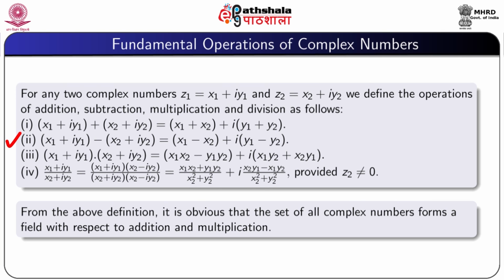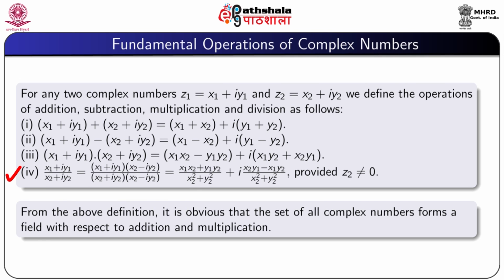Subtraction: x1 plus i y1 minus x2 plus i y2 is equal to x1 minus x2 plus i into y1 minus y2. Then multiplication: x1 plus i y1 into x2 plus i y2 is equal to x1 x2 minus y1 y2 plus i into x1 y2 plus x2 y1.